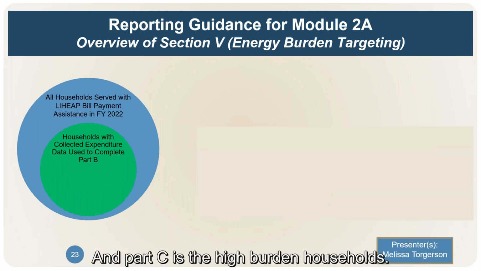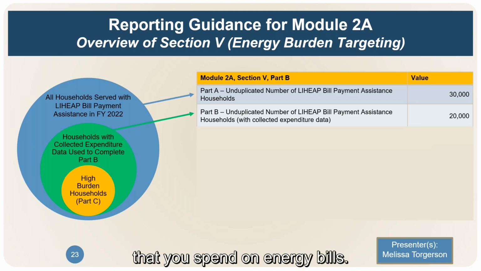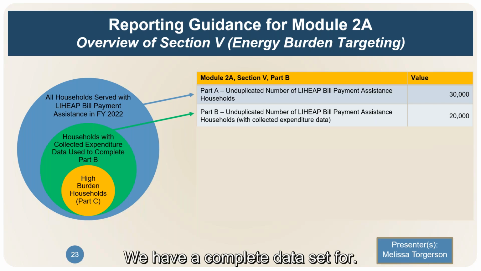And Part C is the high burden households. Now remember, energy burden is the portion of your income that you spend on energy bills. We have 30,000 people who got bill payment assistance, and 20,000 people in Part B who have a complete data set.